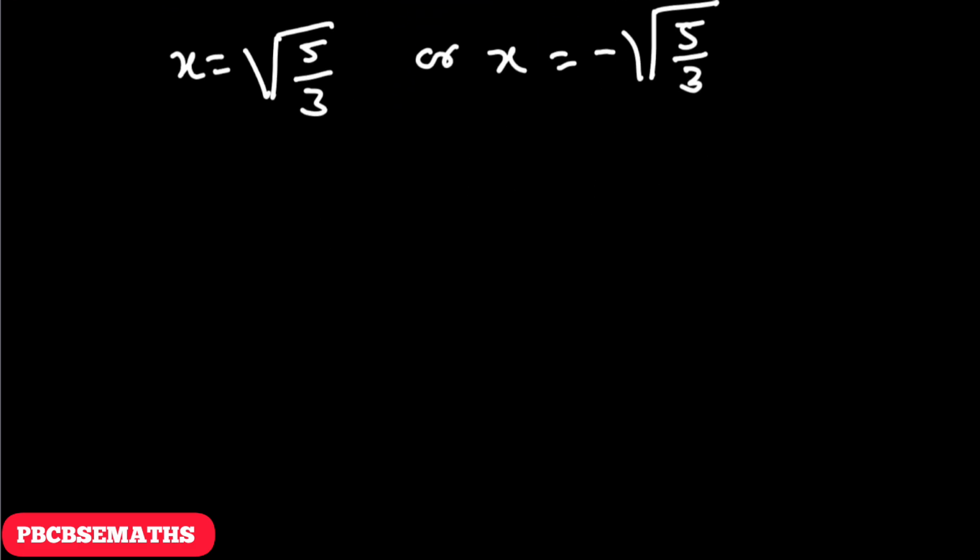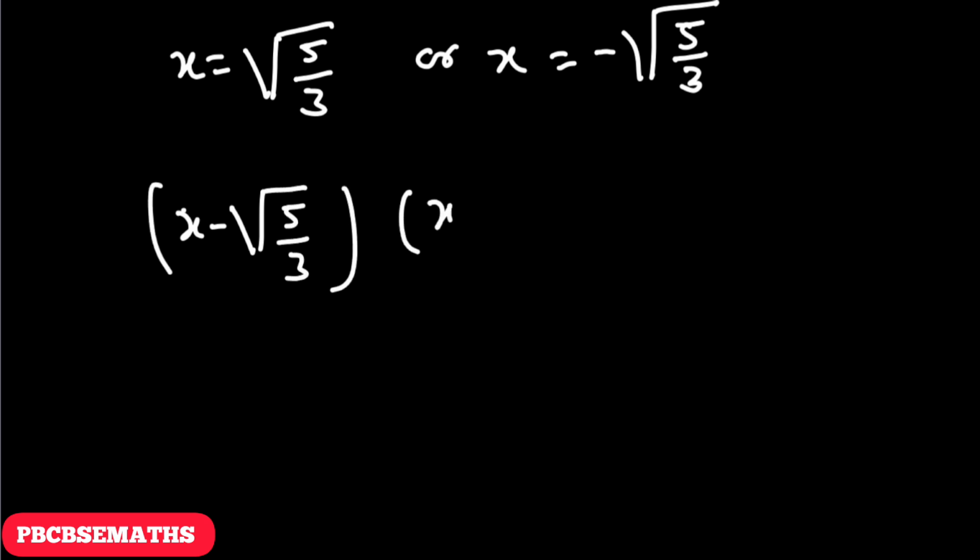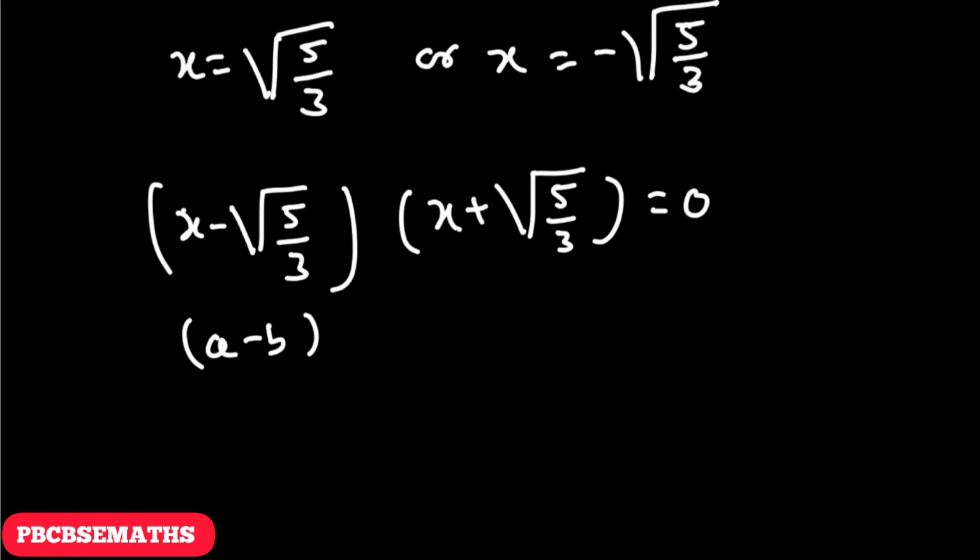Then we have x minus square root of 5 by 3 times x plus square root of 5 by 3 equals to 0. Now these two are in the form of the algebraic identity a minus b times a plus b, which is equal to a square minus b square.